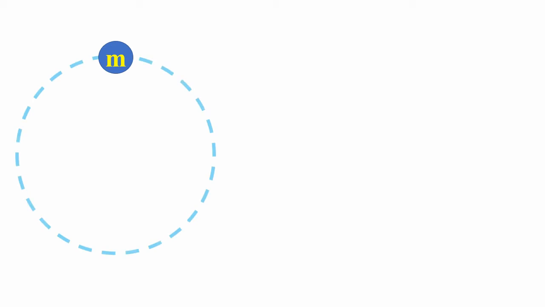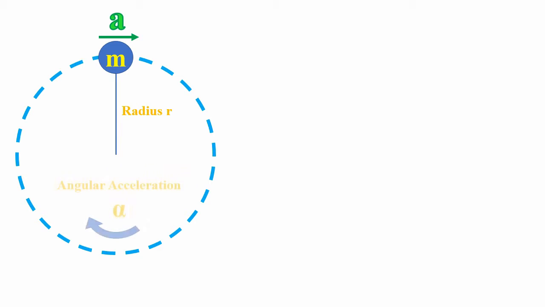Suppose that we have an object of mass m travelling along a circular path of radius r with an acceleration a. We know that if there is a tangential acceleration a, then there must be an angular acceleration alpha.